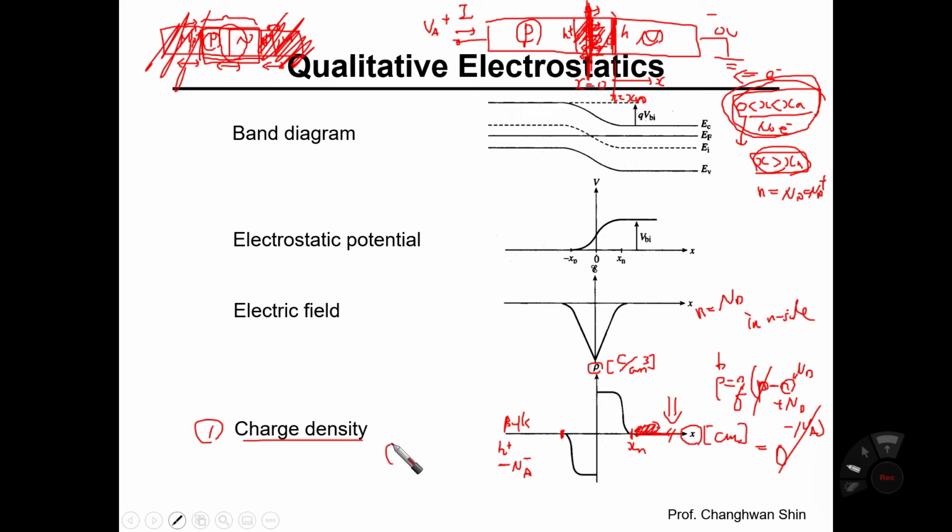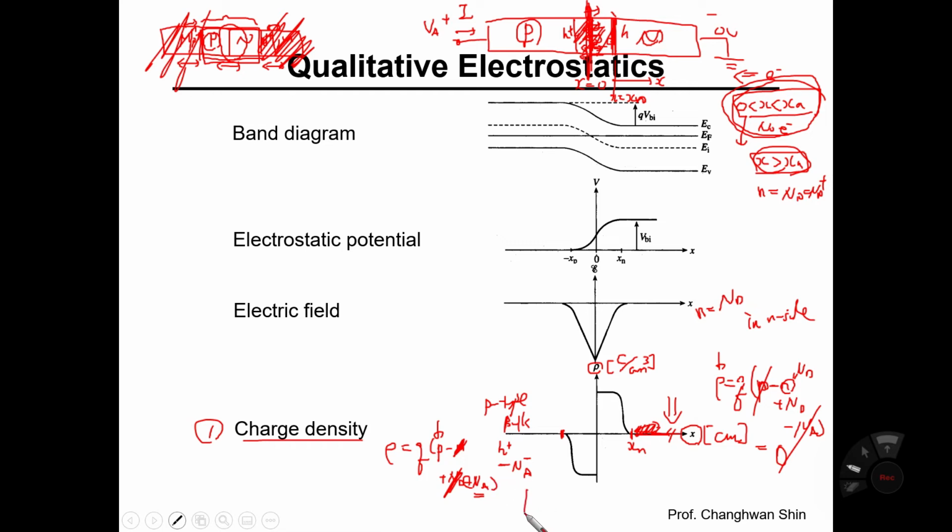So the charge density is Q times p minus n plus Nd minus Na. But in the P-type bulk region, the number of electrons is negligible compared against the number of holes, and there are no donors. Acceptors are more injected, so p minus Na.